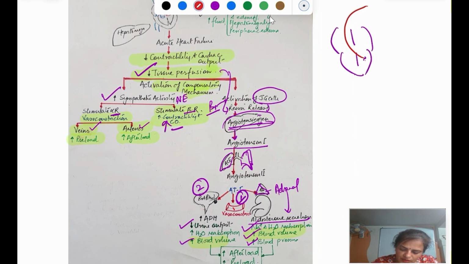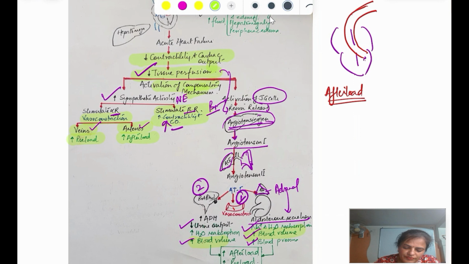Afterload is how much the left ventricle has to work or contract to push the blood into the aorta. And it depends on the condition of what? It is going to depend on the condition of the arteries or arterioles.